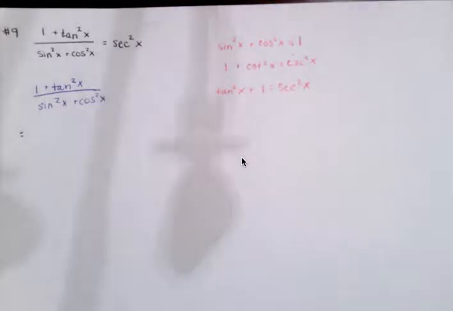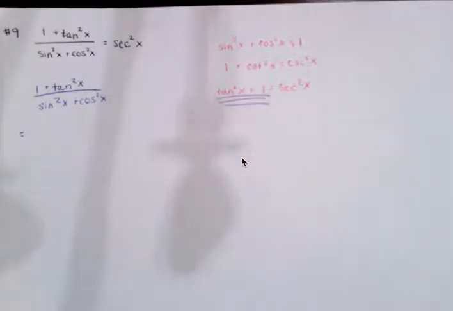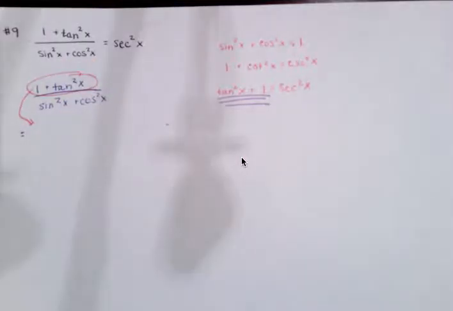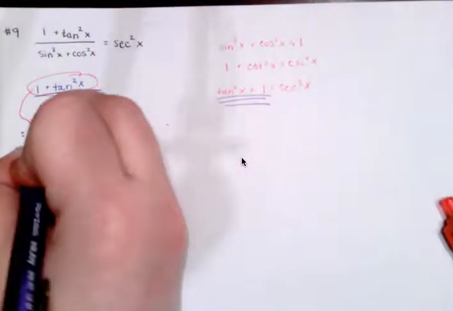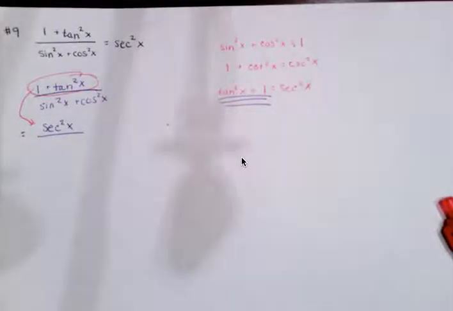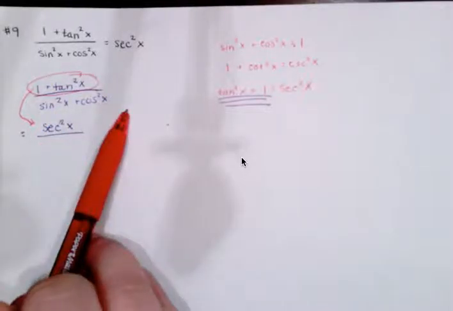So the first one, I'm going to look at the top. 1 plus tangent squared. Hey, that's right here. I know tangent squared plus 1, or 1 plus tangent squared, can be rewritten as secant squared, because they are equal. So my top I'm going to rewrite as secant squared. Then if I look at my bottom, I have sine squared x plus cosine squared x.